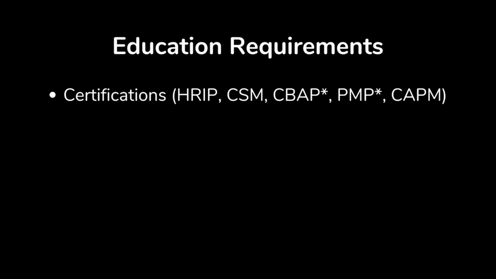But I will say there are some that are very useful in this space, which include the HRIP, which is the Human Resource Information Professional, the CSM, which is the Certified Scrum Master, the CBAP, which is the Certified Business Analyst, the PMP, which is the Project Management Professional, and the CAPM, which is the Certified Associate in Project Management. Now, the two of them that have the asterisks next to them, those are ones that you need experience and you need references in order to get this started.